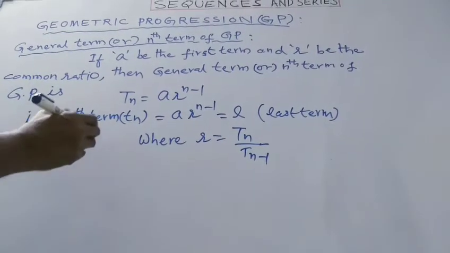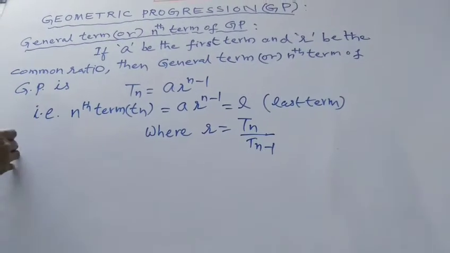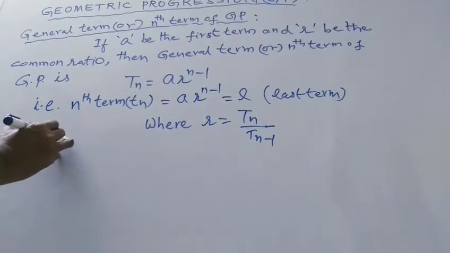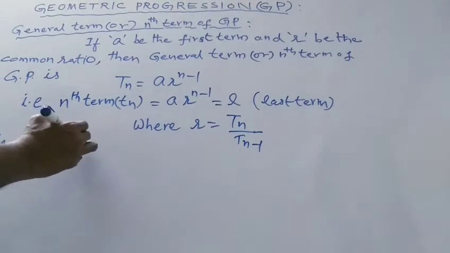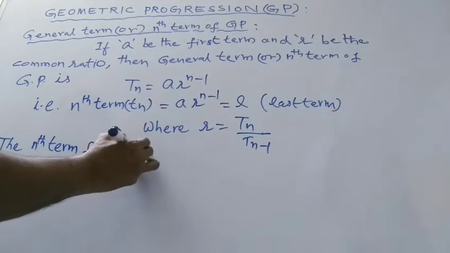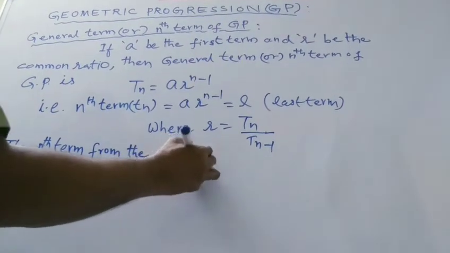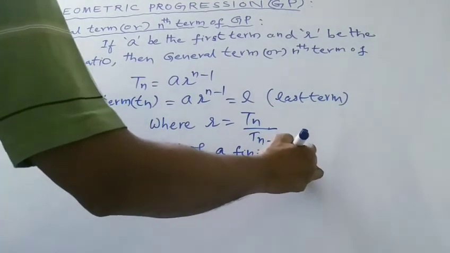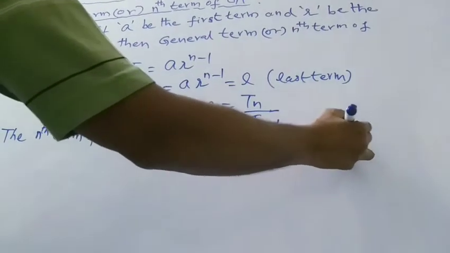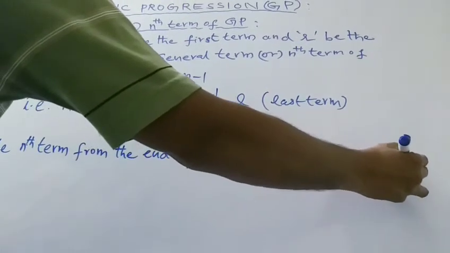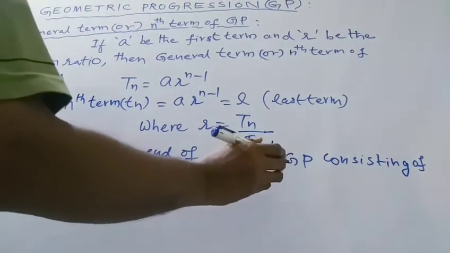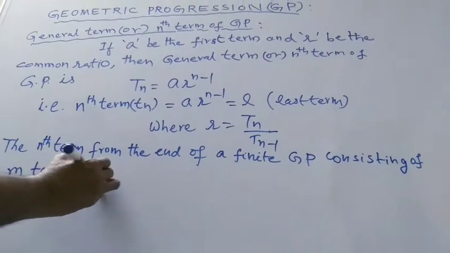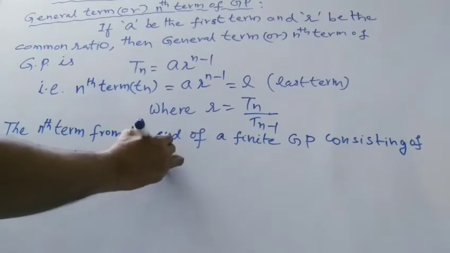In this, the main points we are going to learn now. Those are, the nth term from the end of a finite geometric progression consisting of m terms is equal to a into r to the power of m minus 1.